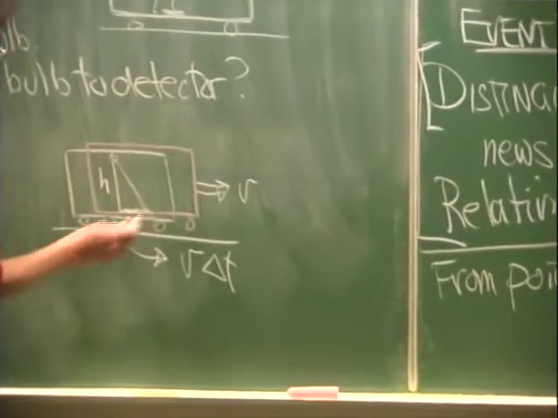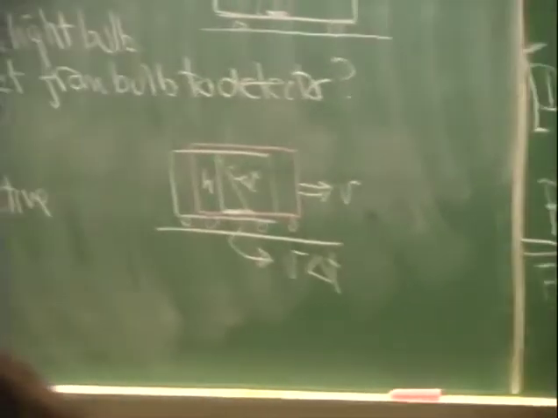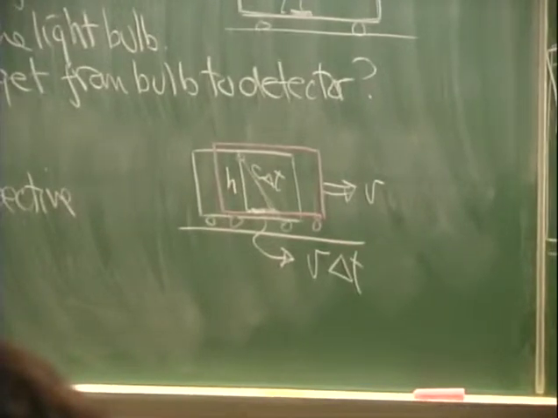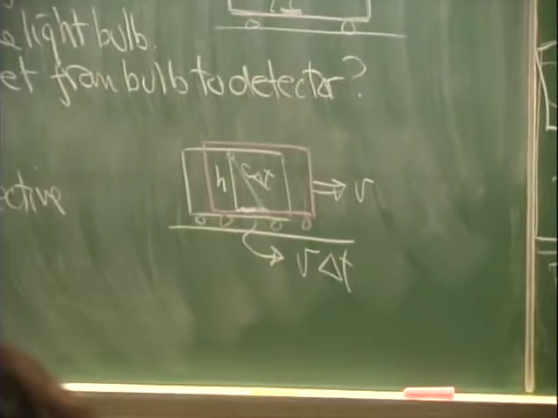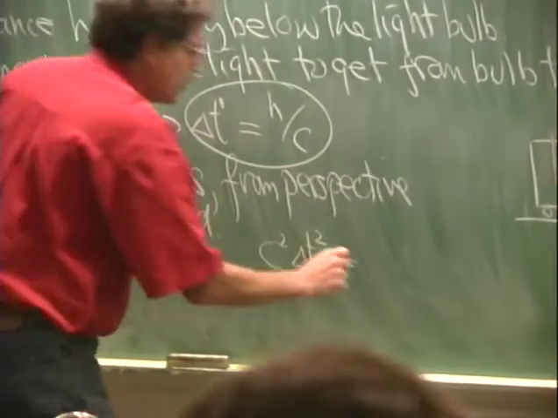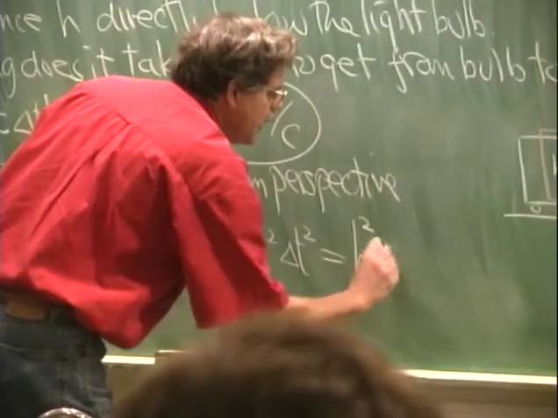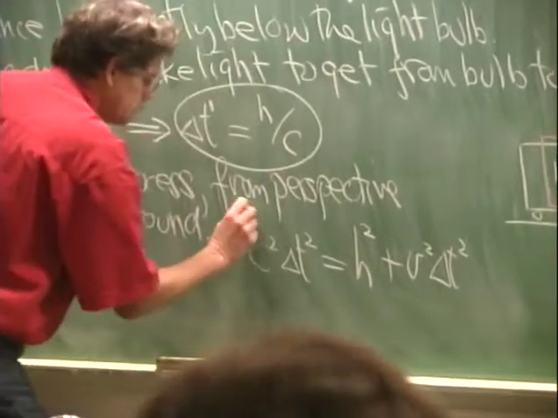So the light has to go this diagonal distance. c delta t is the distance that the light traveled, velocity of light times the amount of time it took. Well, looking at that triangle there, I see c squared delta t squared, the hypotenuse squared, is equal to the sum of the squares of the other two sides, h squared plus v squared delta t squared.